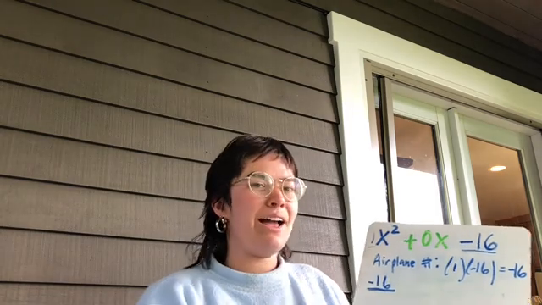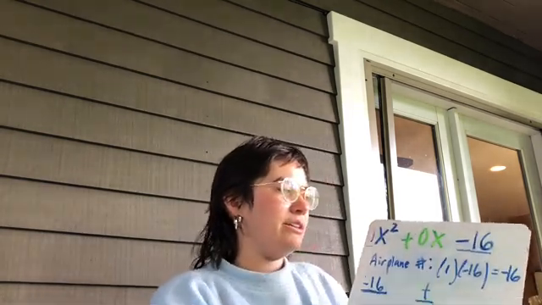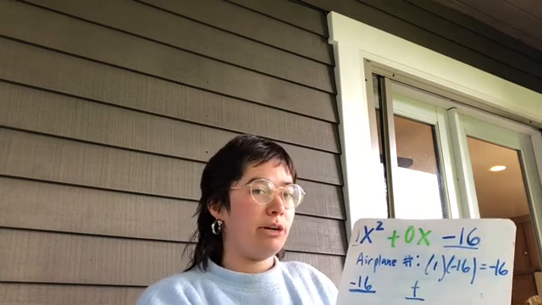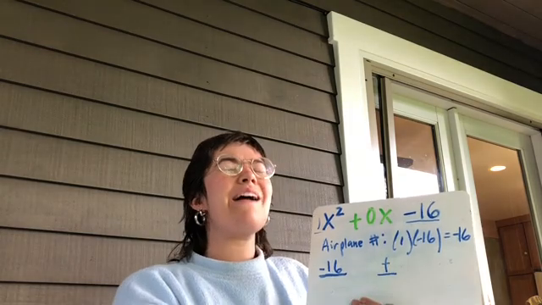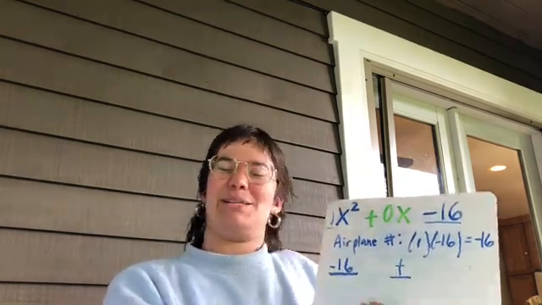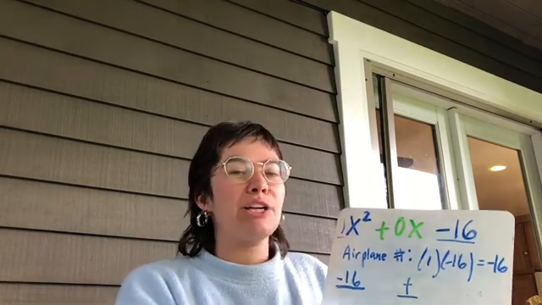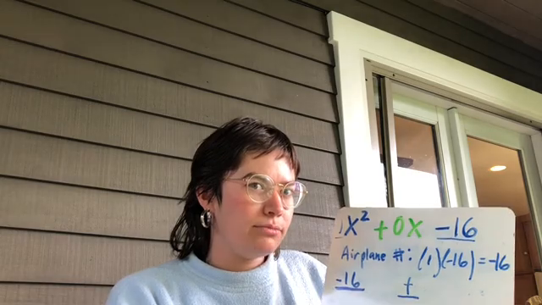But, guys, remember, I'm also thinking of what two things add to my middle term. My middle term is now 0, which means I'm looking for a very special factor pair that adds to 0.